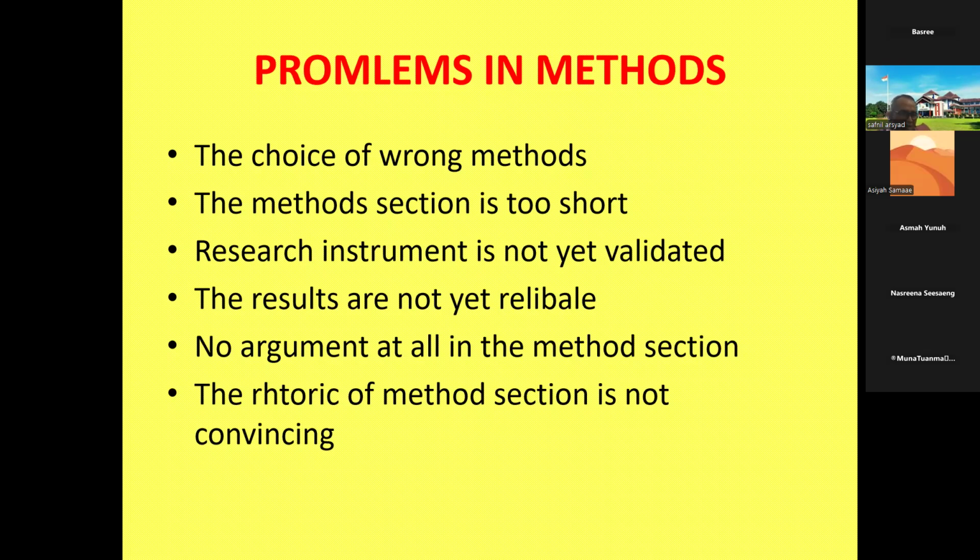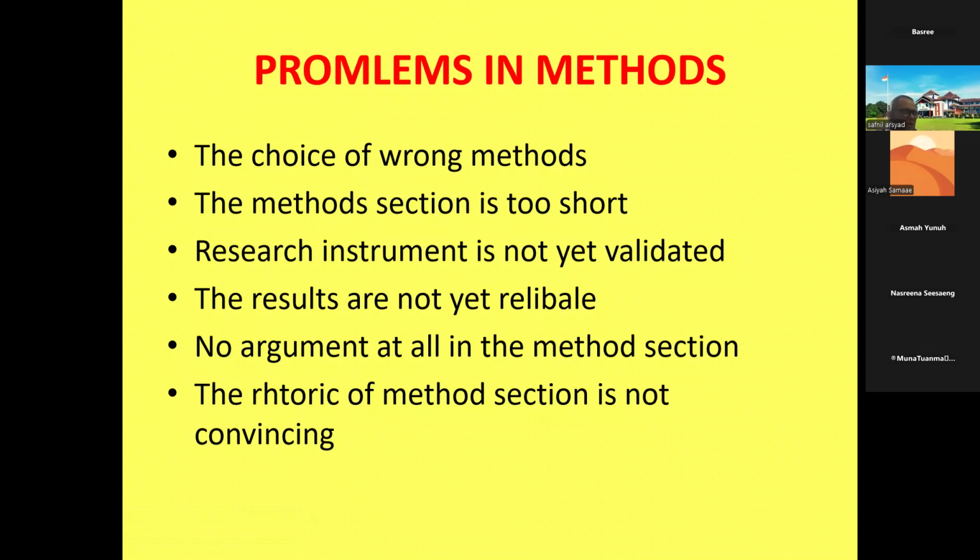You expect that readers will understand what you mean by your research method without discussing or explaining it in detail. Yeah? So it is not. You have to discuss this in detail. If it is necessary, you have to give examples. How will you get the data?